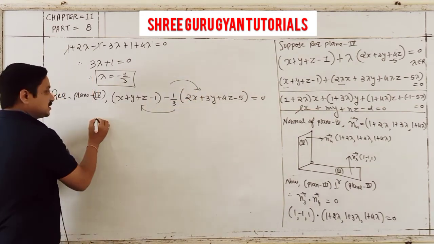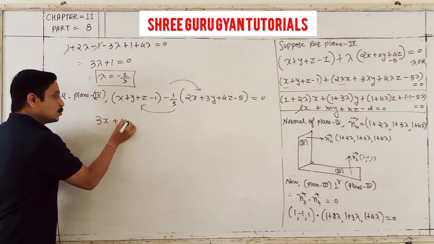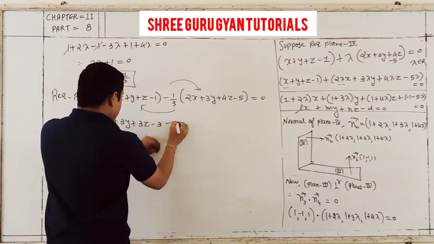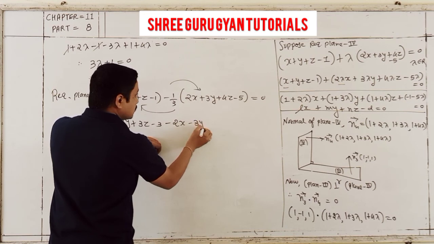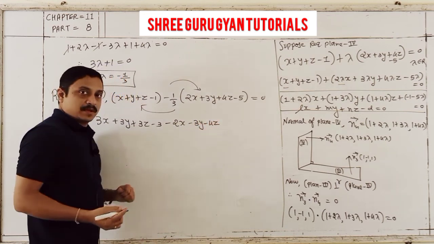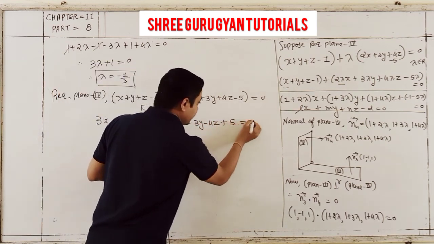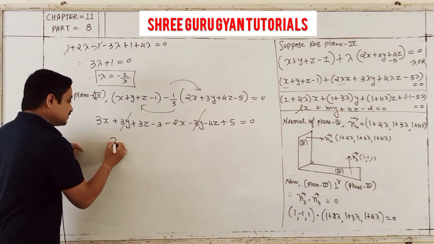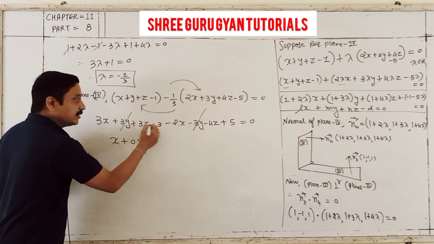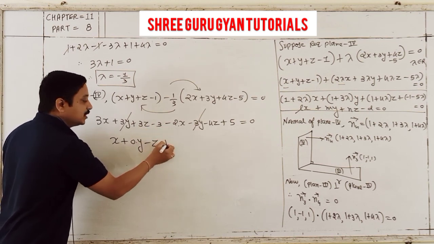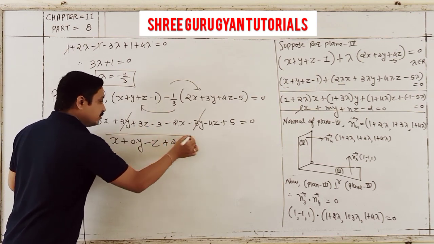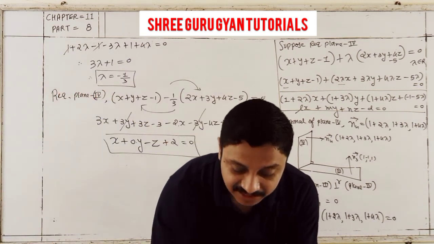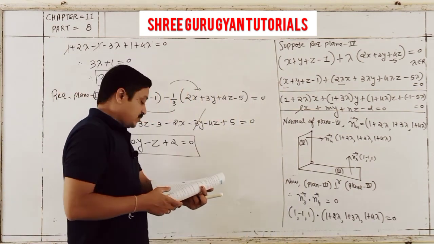So your answer is 3x plus 3y plus 3z minus 3, and this side minus 2x minus 3y minus 4z plus 5. The 3y and 3y are gone. You have only x plus 0y minus z plus 2, and that's the equation of the plane, the final answer, students. x minus z plus 2 is equal to 0.